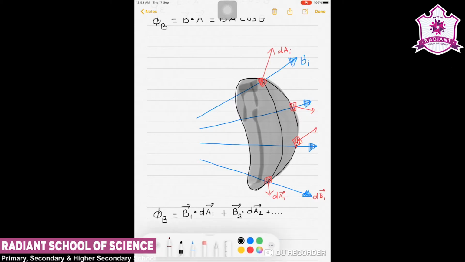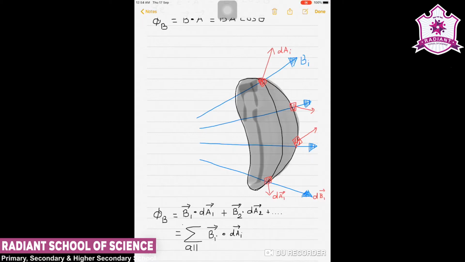Ultimately we can sum up all the terms and represent it by the symbol sigma, sum over Bi dot dAi, where i goes from 1 to n, and that is the representation of magnetic flux for the non-uniform condition.